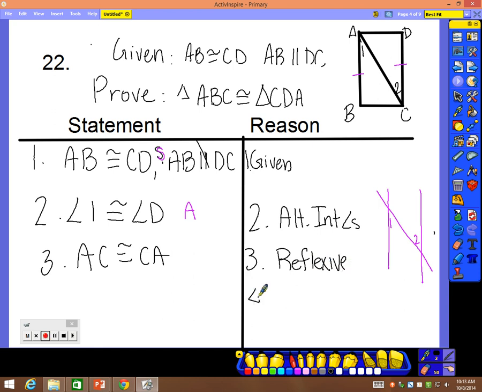And I've got side, angle, side now. Here's my other side. So I've got side, angle, side, and I've proven that triangle ABC is congruent to triangle CDA.